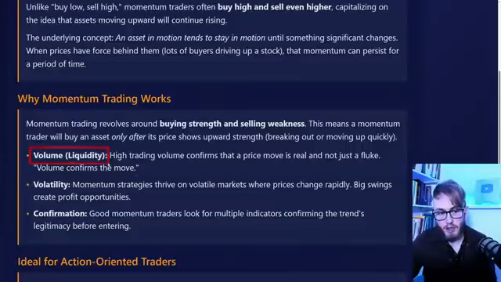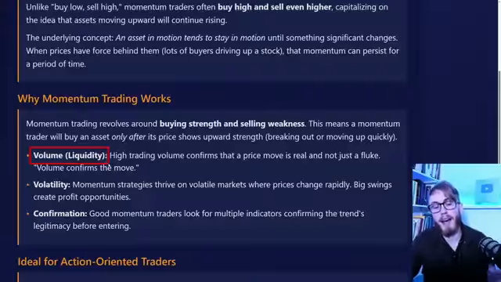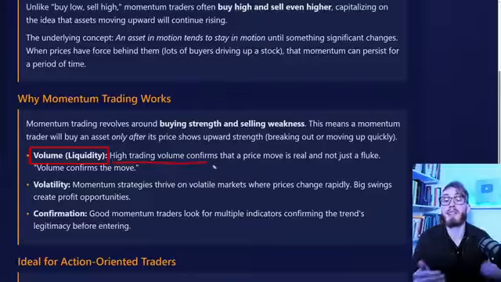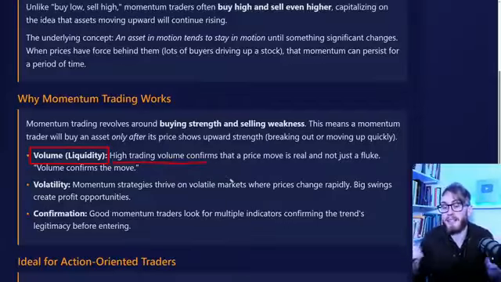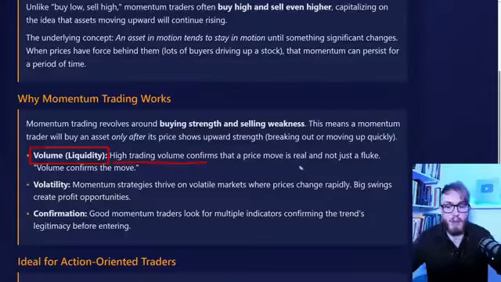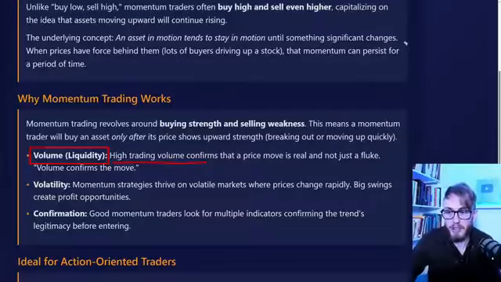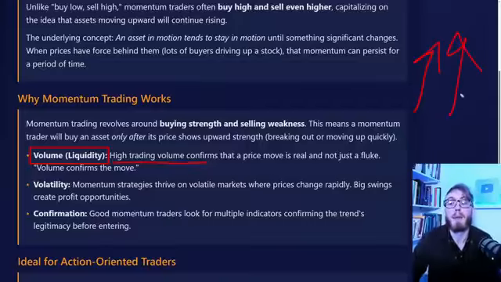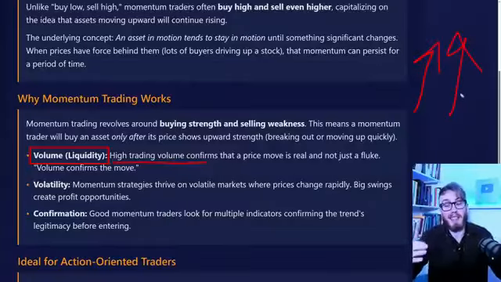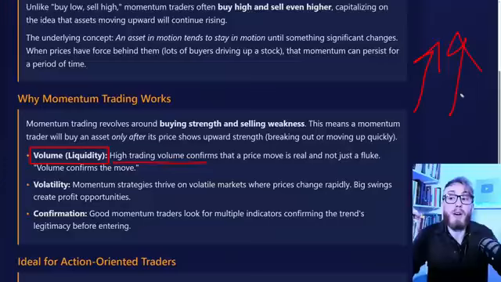The first concept here is volume and liquidity. In simple terms, high trading volume, and we will look at this later on in this video, we can think about it as confirming that a price move is real and not just a fluke. When we have a move towards the upside and this move is supported by lots of volume, it means this move is more significant.